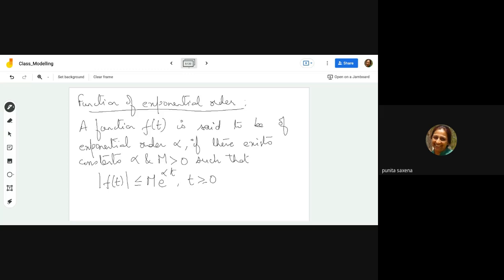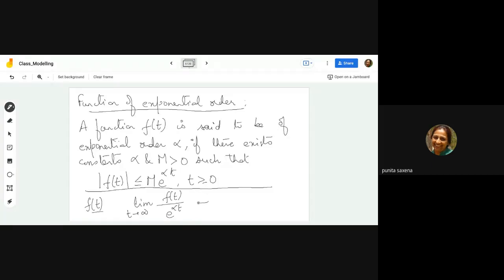This is the definition of functions of exponential order. But to verify whether a function is of exponential order or not, we evaluate certain limits. You will be given a function f(t) and asked to test whether it is of exponential order or not. So we simply evaluate the limit as t approaches infinity of f(t) upon e to the power alpha t.